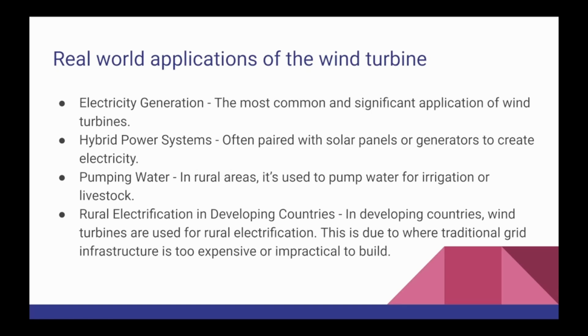It takes up a lot less space than a full grid implementation, and it requires a lot less money and material, but can still generate electricity and bring it to these other areas where our kind of infrastructure is unsustainable.